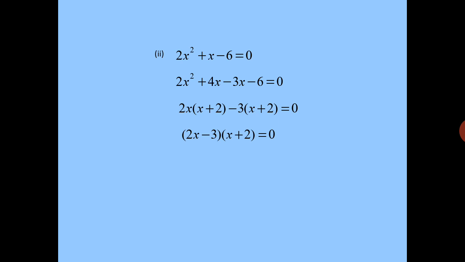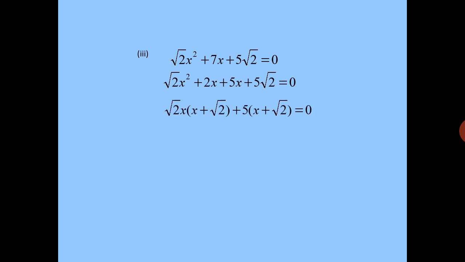So we equate 2x minus 3 to be equal to 0 or x plus 2 equal to 0. You proceed further and you get x equal to 3 by 2, and you can also get x equal to minus 2. So these are the two solutions of the given quadratic equation.